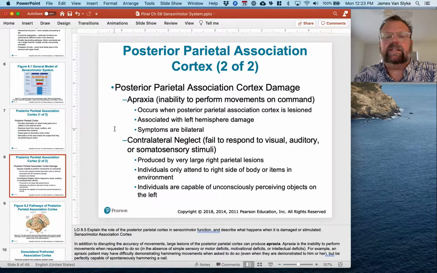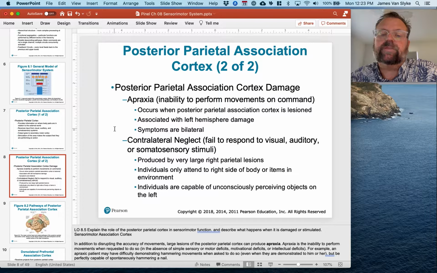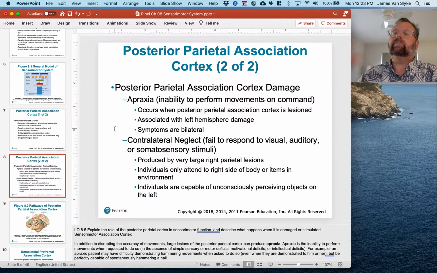Another problem that is associated with damage to posterior parietal cortex is what's known as contralateral neglect. This is the failure to respond to either visual, auditory, or somatosensory stimuli in one part of your visual field or one side of yourself.